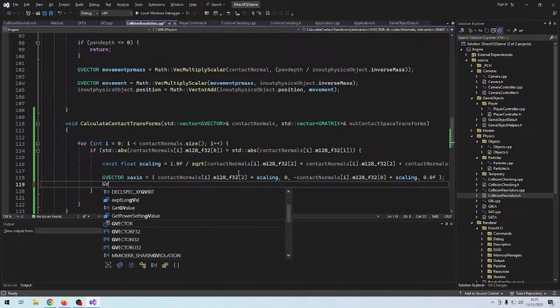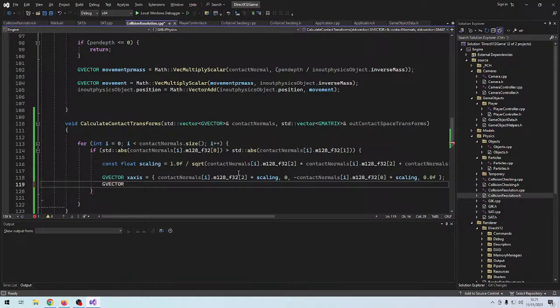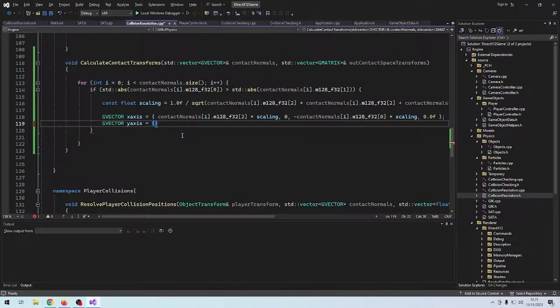And then we will do the g-vector y-axis, which is equal to, well, the contact normal ends up being the c-axis actually.